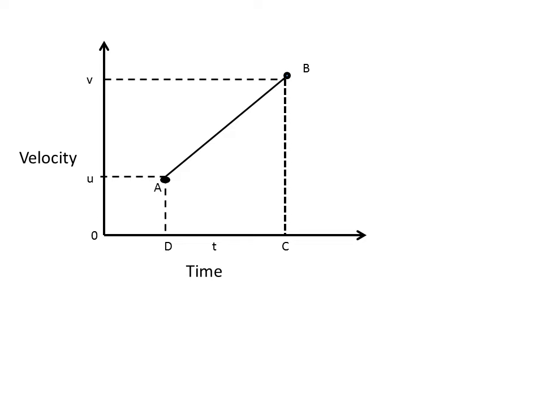Now, for the sake of the derivation or proof, we are going to do one construction. We draw one perpendicular from point A to segment BC, and the point at which this perpendicular meets segment BC will be labeled E. This construction is done to make things easier when we start deriving the equations.